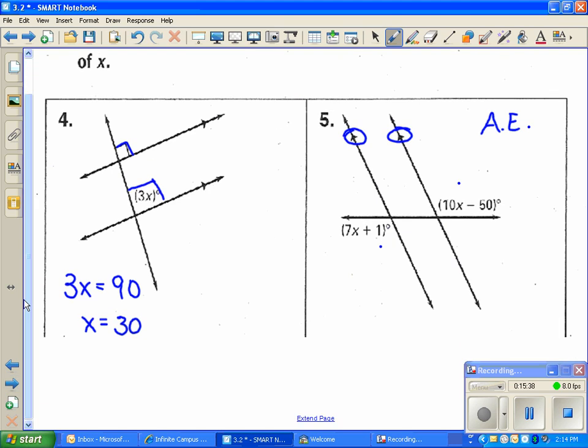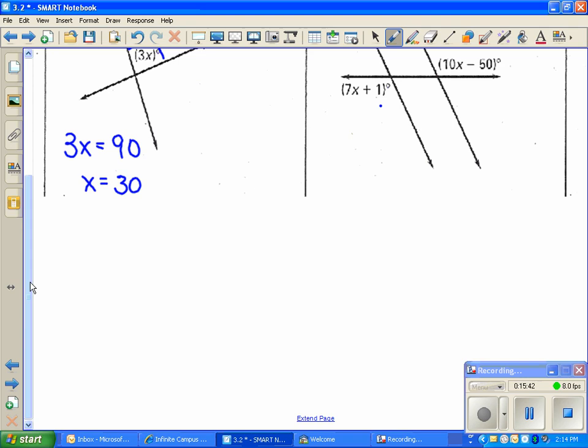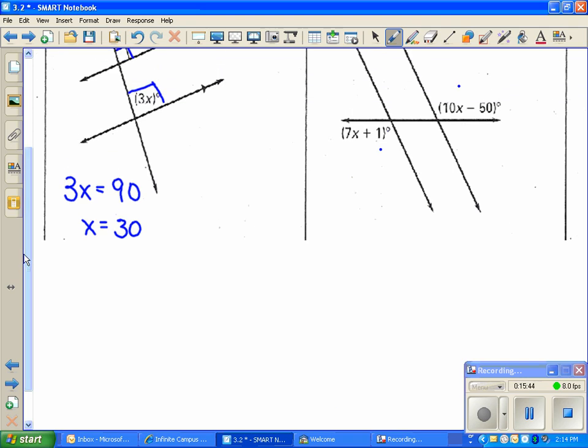Okay, what do we know about alternate exterior angles when the lines are parallel? Are they equal or do they add up to be 180? I hear equal and 180. What do you think? What's the note say? What do they look like? They're equal. Don't always go by looks because I promise if I draw it, it's going to be off.